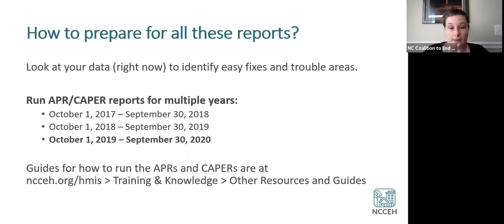And we've got guides for that on our HMIS page, ncceh.org/HMIS, and then you can go to training and knowledge and other resources and guides. And it's right by where that housing move-in date guide was that we looked at earlier. All right, I'll pause for a sec. Any questions about how we're cleaning up data, what needs to happen?